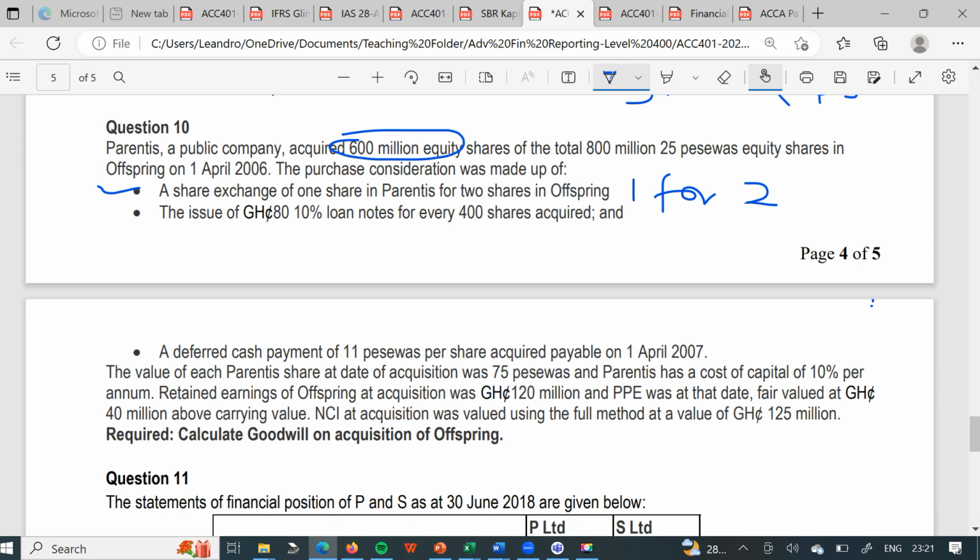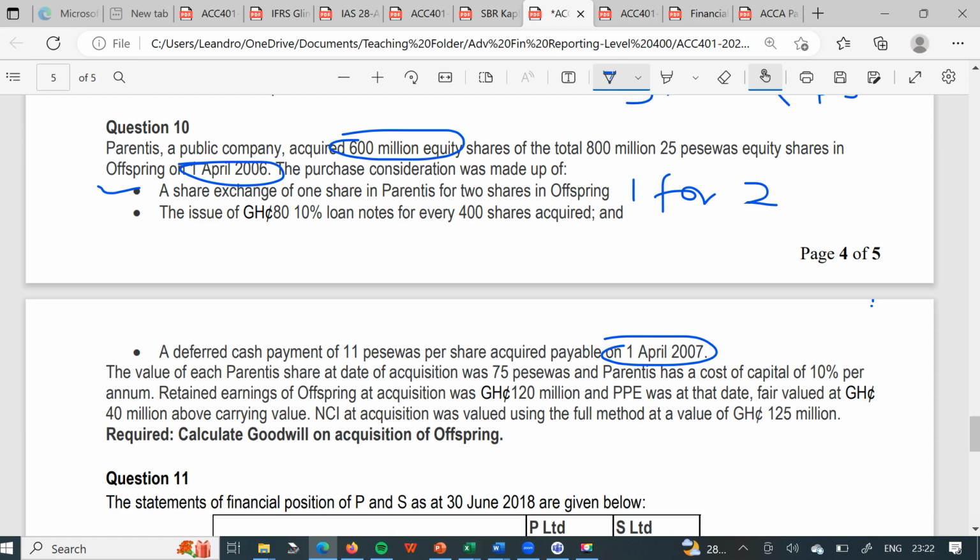So look at the date of acquisition, 1st April, and the date they will make the payment is 1st April 2007. The acquisition date is 2006. The payment date is 2007. That makes it 1 year.